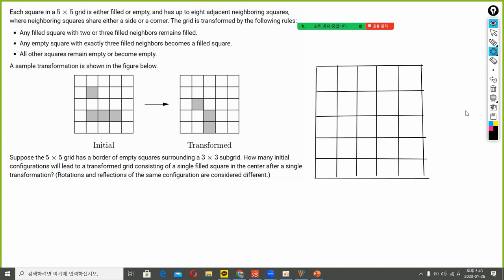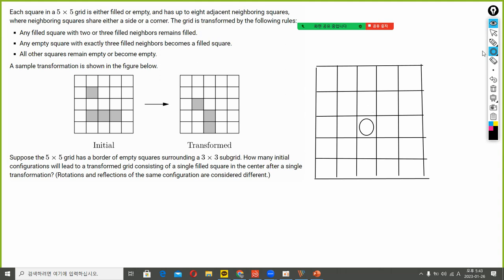So in this problem, after transformation, there will be only one filled square at the center. So let's just start with the filled square before transformation. If before transformation the center is filled, the first condition is any filled square with two or three filled neighbors remains filled.